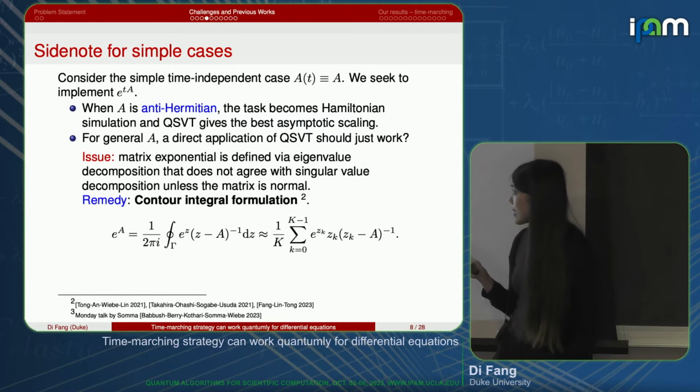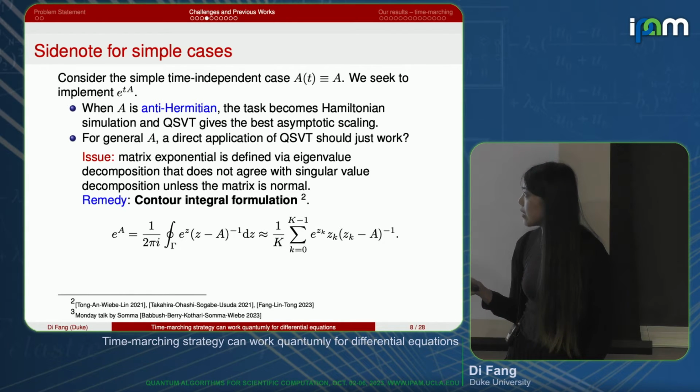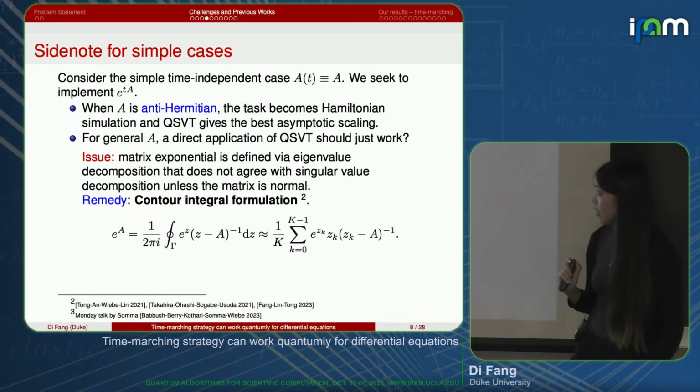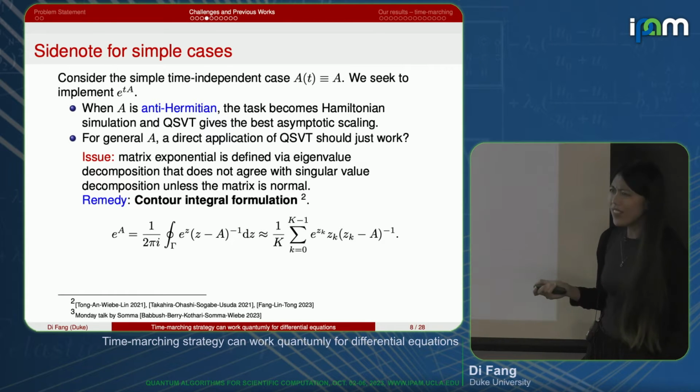This essentially tells you that instead of doing a matrix exponential, you can turn it into a bunch of matrix inversion problems, and we know there are optimal matrix inversion techniques to solve these problems. I highly recommend you take a look at the IPAM tutorial talk given by Dong An, which discusses how to solve that.